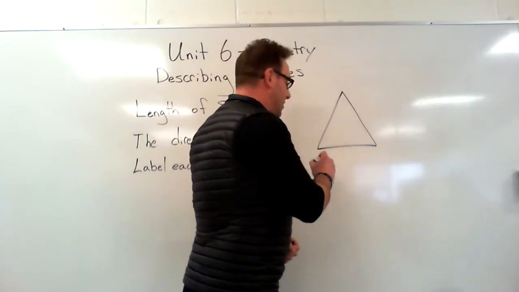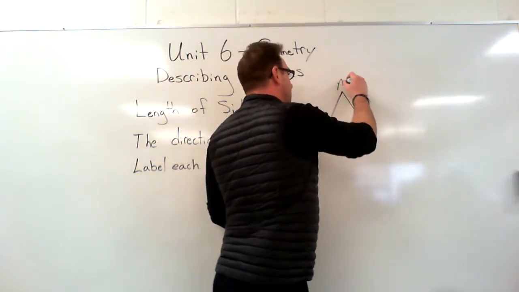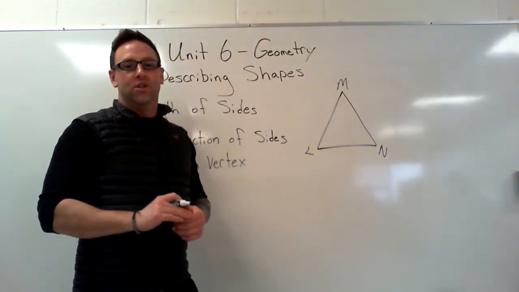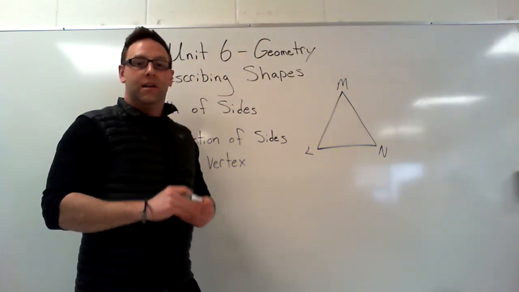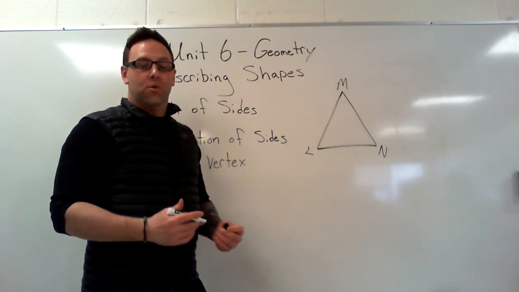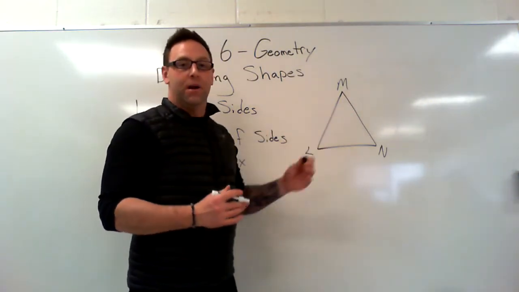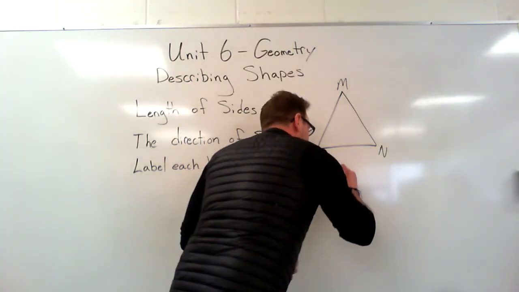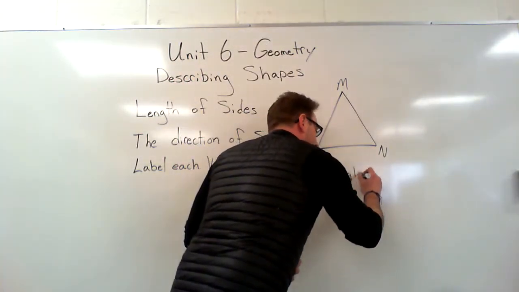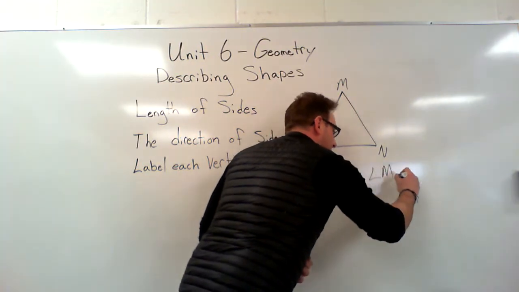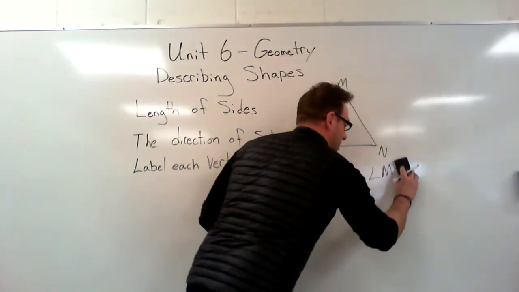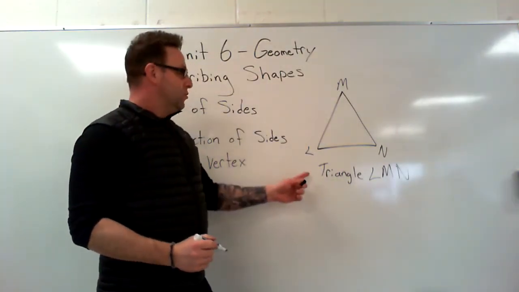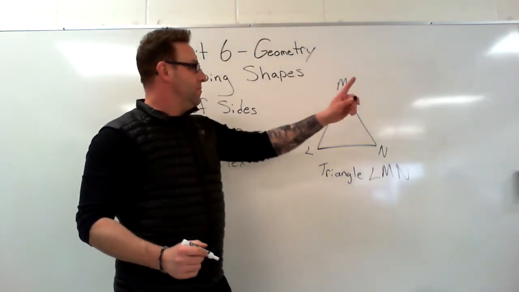I'm going to use the letters L, M, and N. I find it easier to use letters that are in order, and I label them in alphabetical order. So if we're going to name this shape by labeling its vertexes, we would call this shape triangle L, M, N. Okay? So we've got triangle L, M, N.